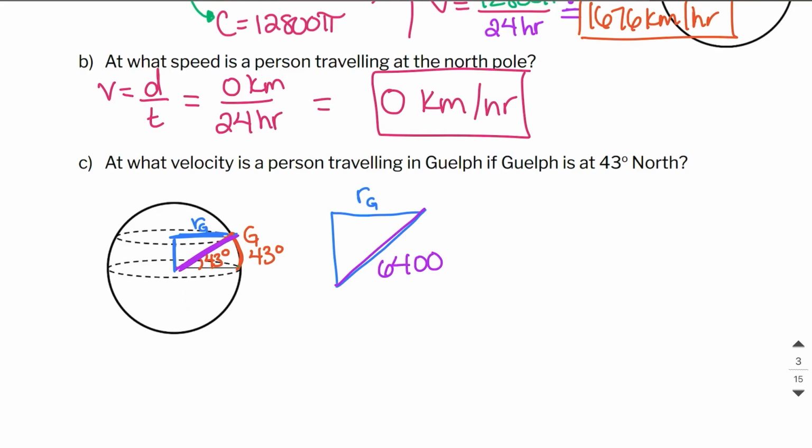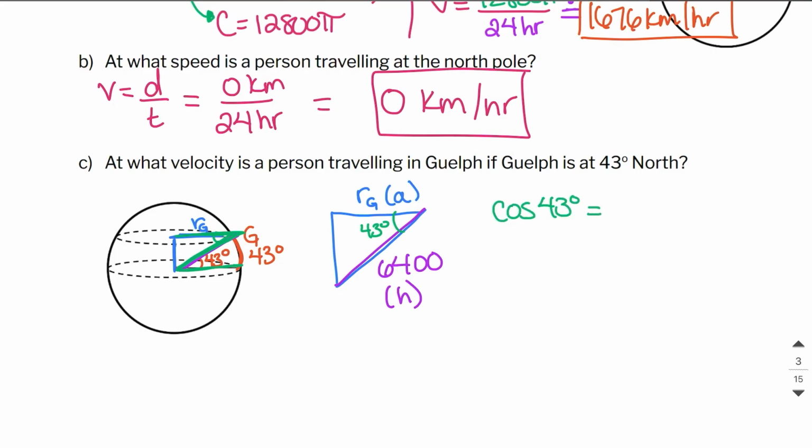Using the Z pattern, if this is 43 degrees, then this angle up here will also be 43 degrees. Because this is the adjacent and this is the hypotenuse, we're going to use cosine using SOHCAHTOA.